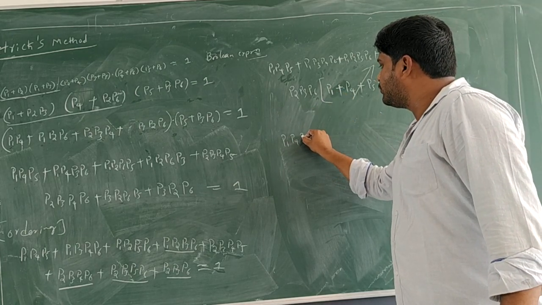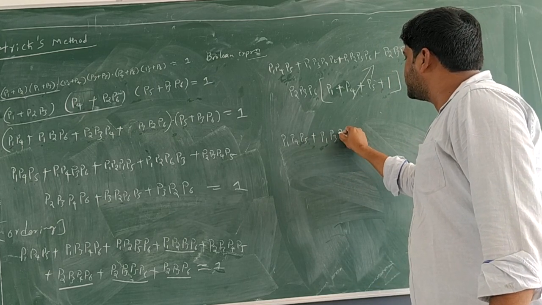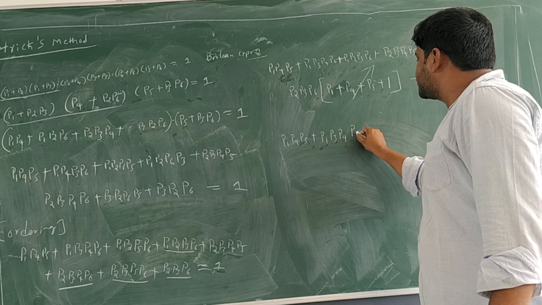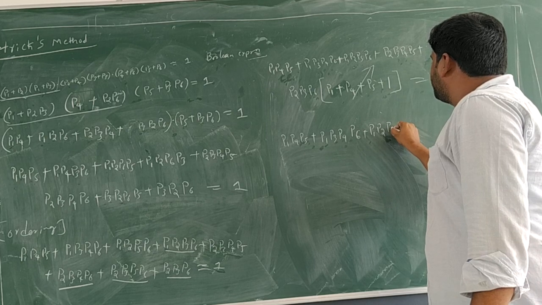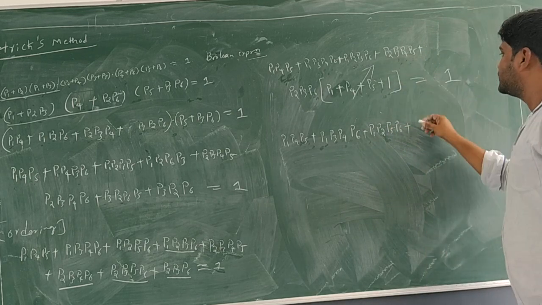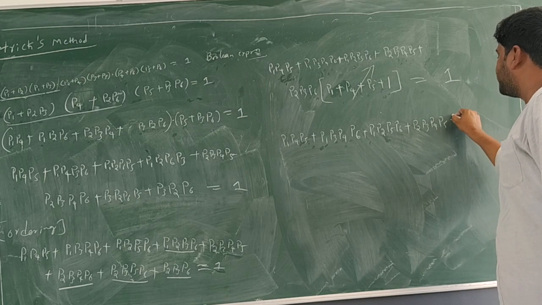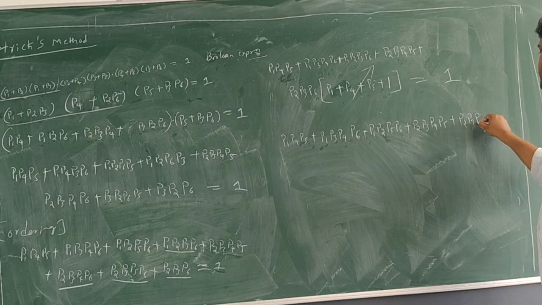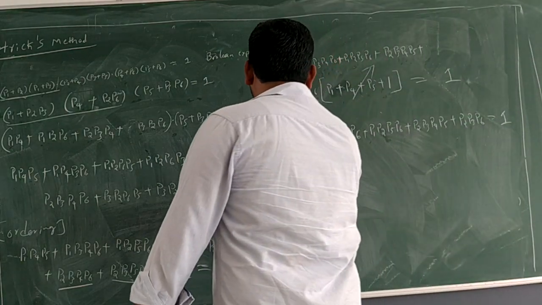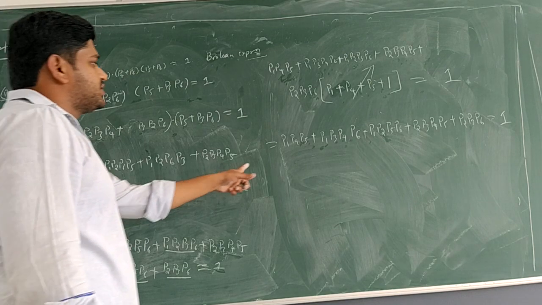P1 P4 P5 plus P1 P3 P4 P6 plus P1 P2 P5 P6 plus P2 P3 P4 P5 plus 2 3 6, P2 P3 P6. So this is the most simplified Petrick equation, assuming this equation as 1.